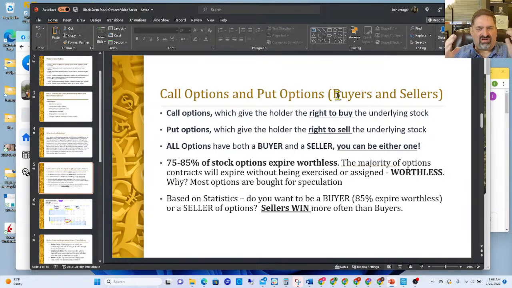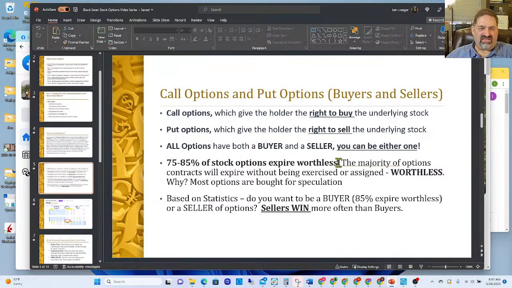But options are contracts, right? They're their own entity. They're not part of the stock or anything. That contract has buyers and sellers. So again, call option, the right to buy; put option, the right to sell. All options have a buyer and a seller, and you can be either one.